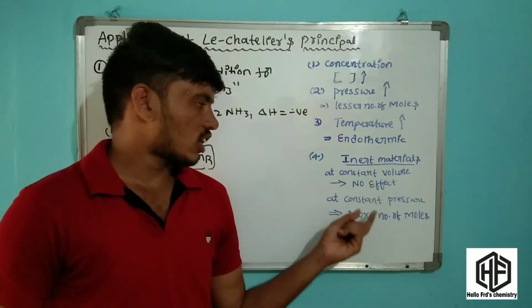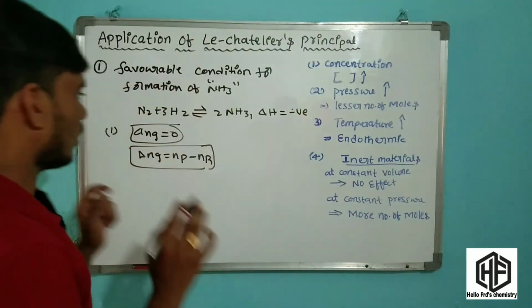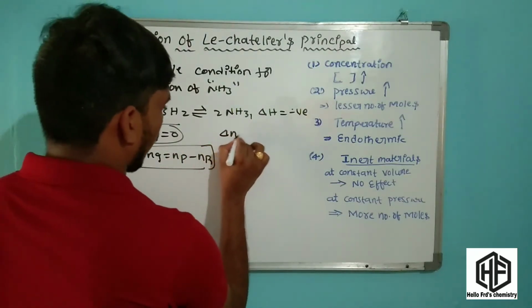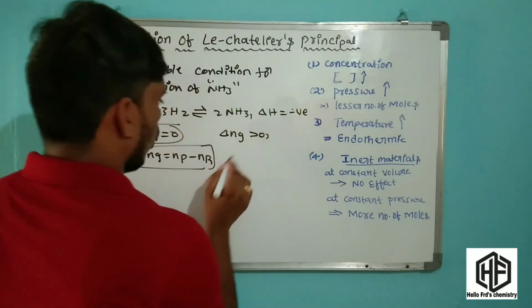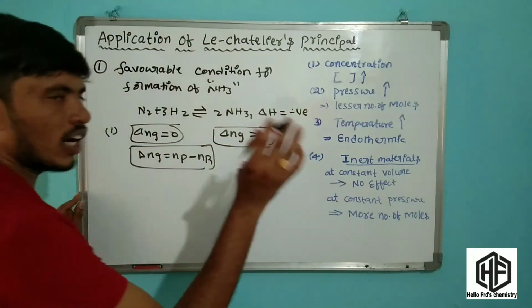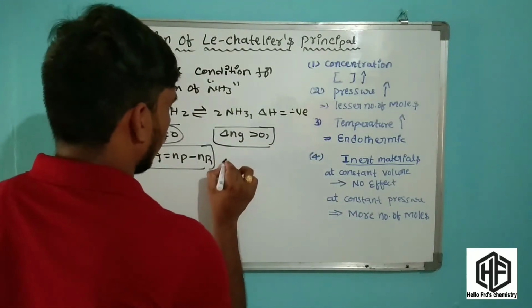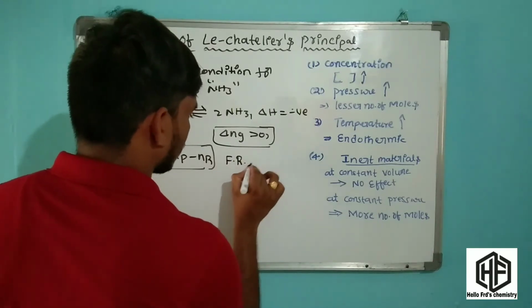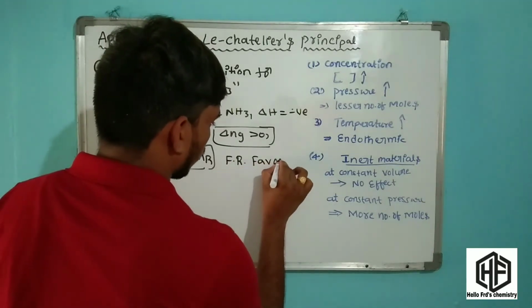At constant pressure, inert material has no effect when delta Ng is 0. But in case delta Ng is greater than 0, what happened there, friends? For the addition of inert material, the forward reaction is favorable. This is very important, friends.